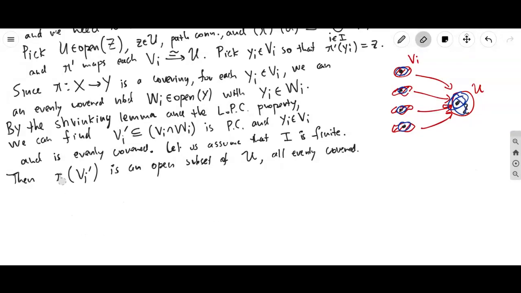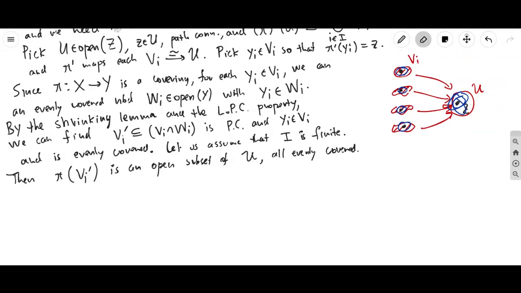They're all sitting inside U. If you're worried about the fact that you're pushing forward an open set, you need to understand pi is a homeomorphism on every single one of these. So it pushes open sets to open sets. And they're all evenly covered by the shrinking lemma because you're taking something smaller. U is evenly covered, so each of these is evenly covered.